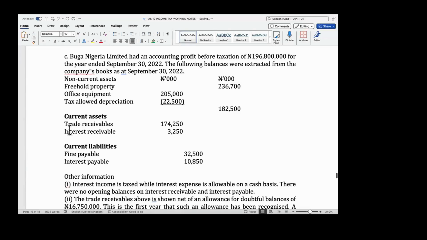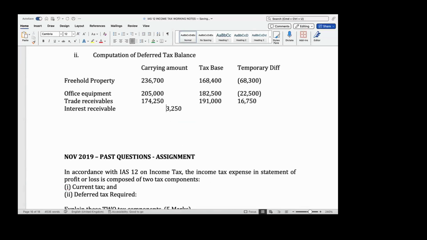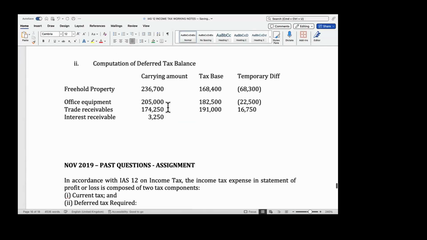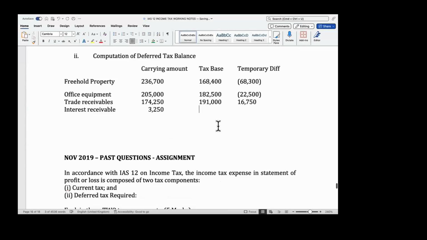Then the interest receivable of 3,250. What will be the tax base for this interest receivable, considering that the related interest income is taxed on a cash basis? So what's the tax base? 0. So the difference is a taxable temporary difference.